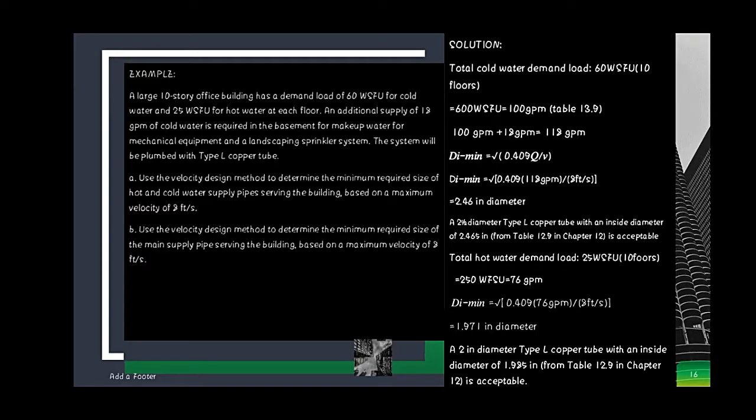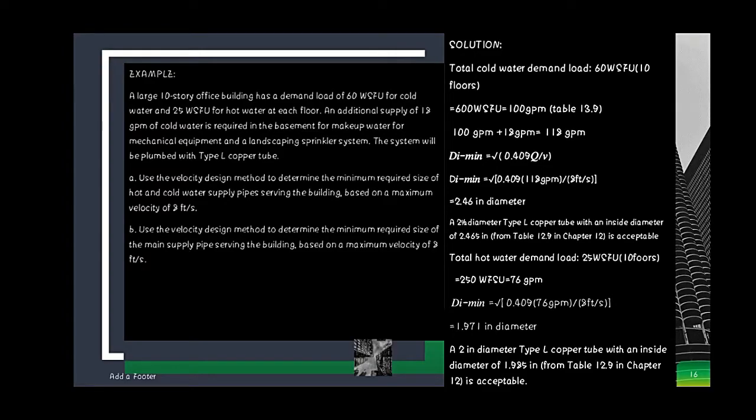So first, we have to get the total cold water demand load. So we have to multiply the 60 WSFU by 10 stories and we will get 600 WSFU. Tapos, titignan natin sa table 13.9. Papakita ko mamaya. Titignan natin doon yung 600 WSFU.